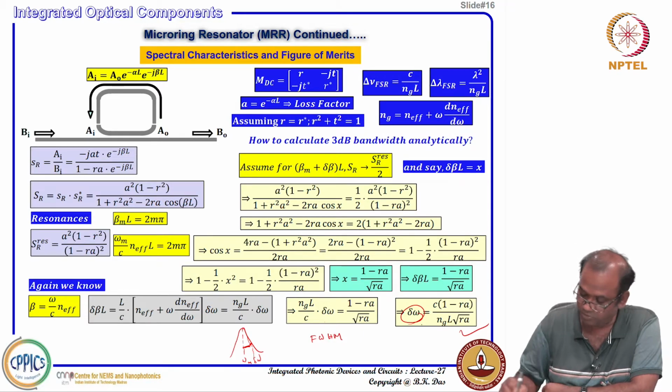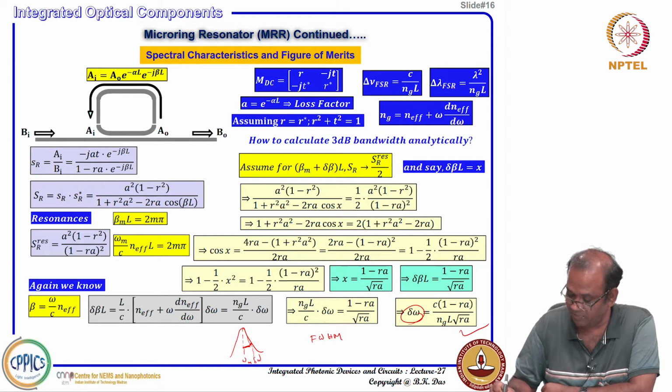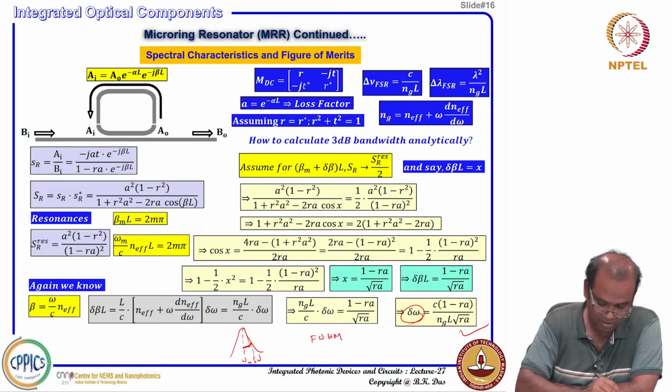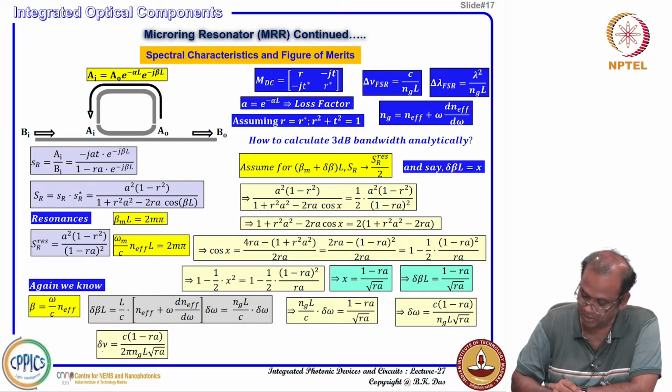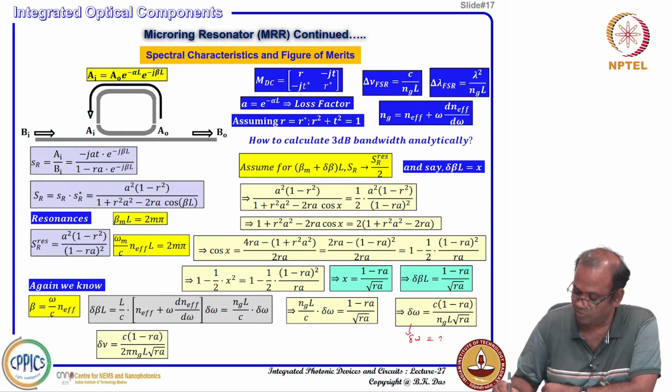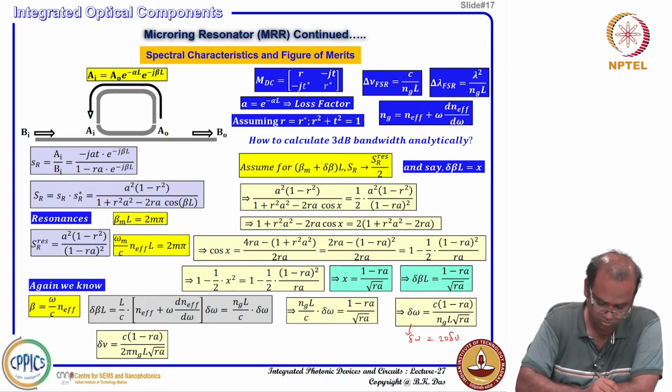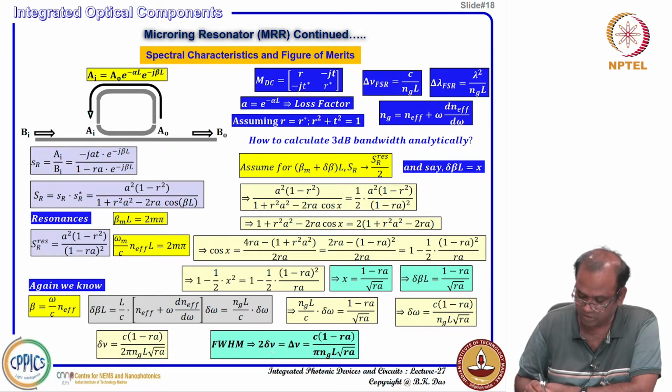So, FWHM will be 2 times this. Accordingly I get delta nu, because delta omega I can convert: delta omega equals 2 pi times delta nu. So, 2 pi has to be divided on this side, and then for the FWHM I multiply by 2, which I represent as capital delta nu. So, capital delta nu I can get here.